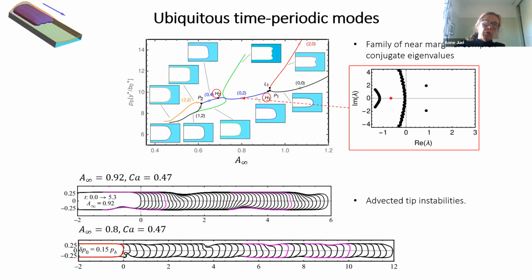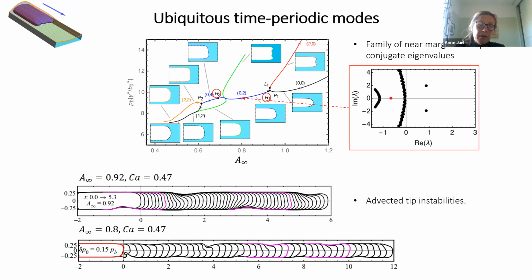What have we learned? In a sense we've perturbed the system quite significantly, you could argue, by changing the top boundary to an elastic lid, and we find that that is a very good mechanism for generating time periodic and unsteady behavior that wasn't so clearly apparent in the rigid Hele-Shaw channel.